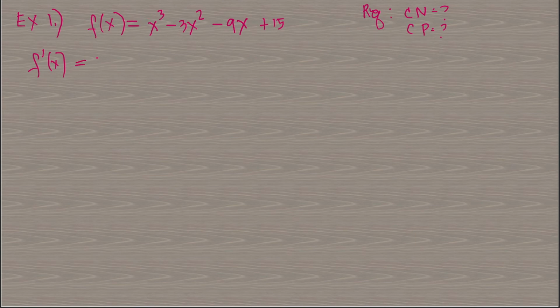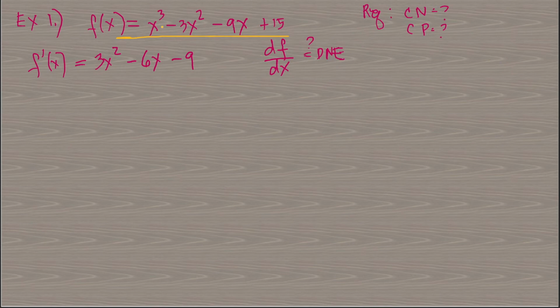What's the derivative of this? This is 3x squared minus 6x minus 9, right? And then, is there any possibility that our function will have a derivative that does not exist? Let us examine the domain of the given function, the allowable x values that we are permitted to substitute for x.